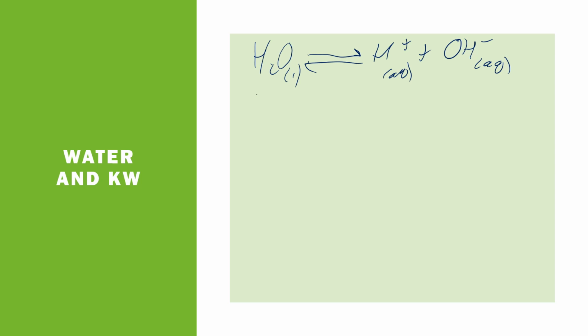Okay, so if we were to write a K expression for this, we would get the hydrogen ions times the hydroxide ions. And we would not include the liquid water because it's a liquid. So this is what we call Kw because it's for water, for pure water. It's hydrogen and hydroxide. Now, the vast majority of our acid and base solutions are at very, very low concentrations.